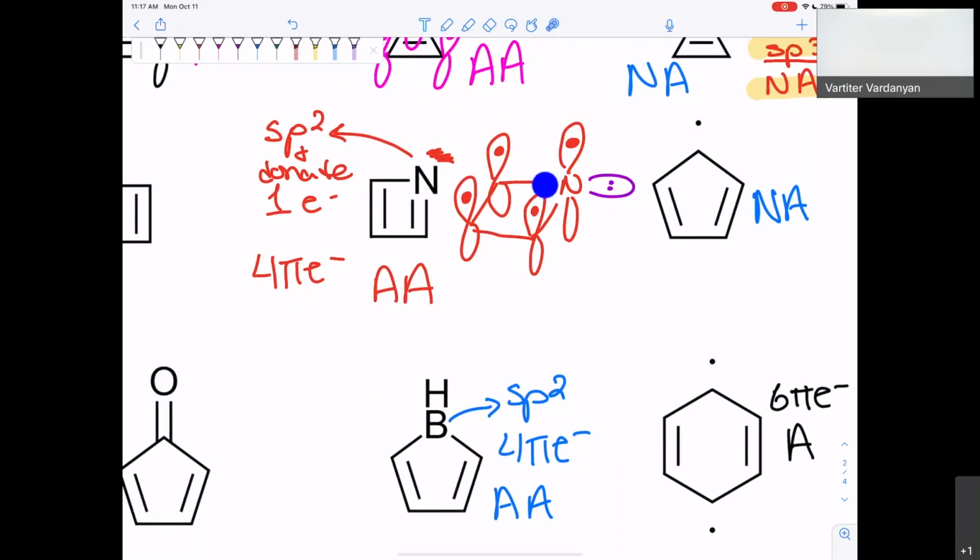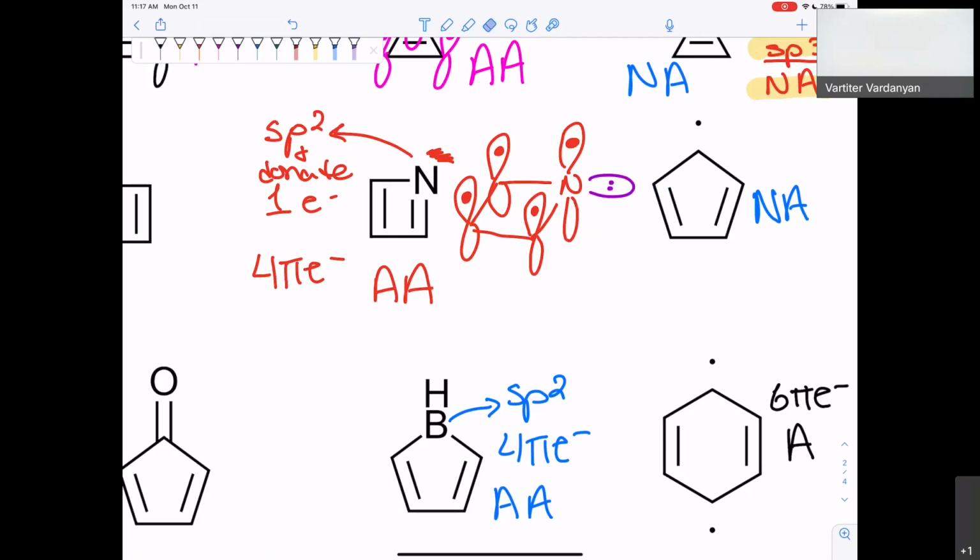So that p orbital that's in a double bond is the only thing that's donating into your aromatic ring. So this one electron is the only thing being donated, and this whole orbital is in a different plane, so it can't donate that lone pair. Does that sort of kind of make sense?